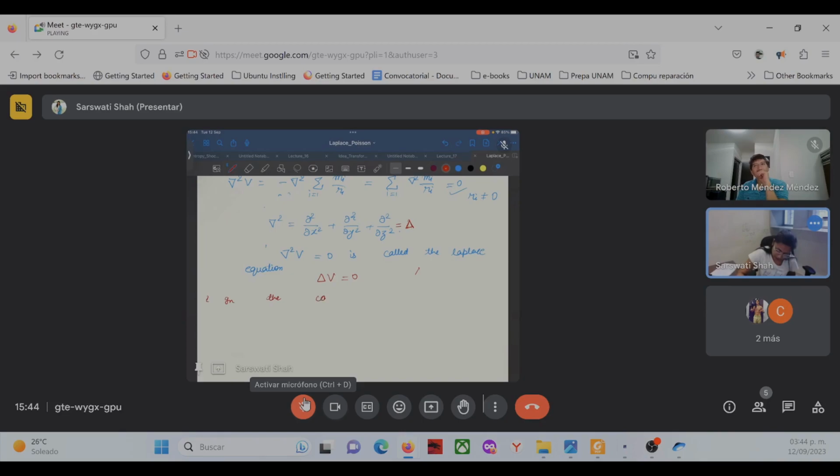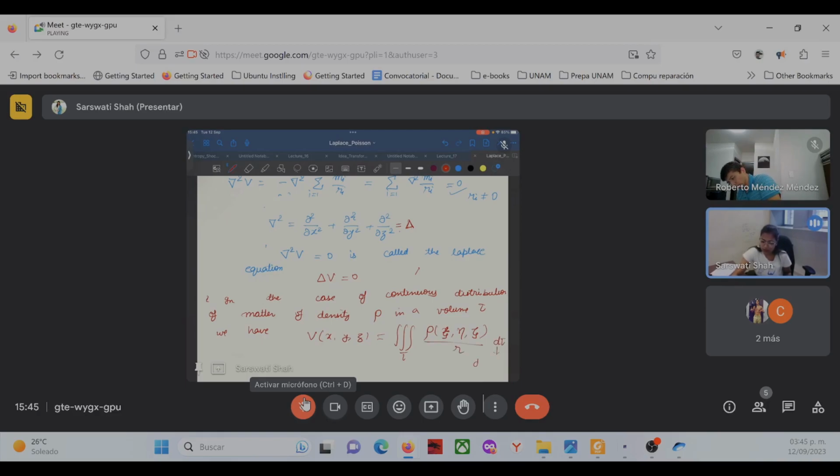In the case of a continuous distribution of matter of density rho, we know that mass and density are related in a volume tau. So we have V of x y z equals the integral over tau of rho xi eta zeta over r d tau.